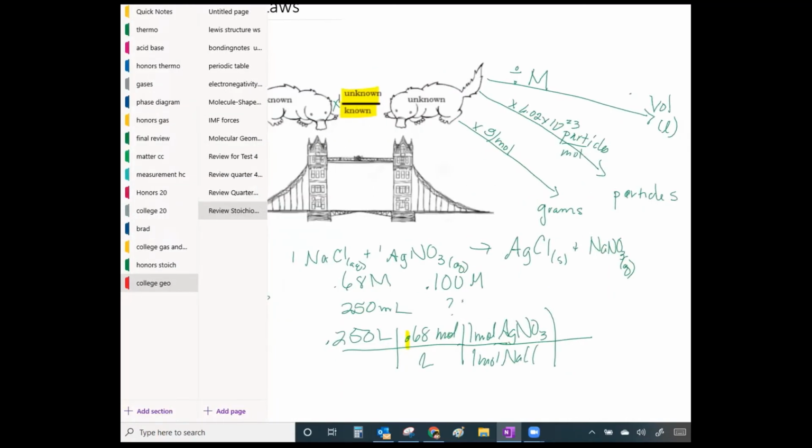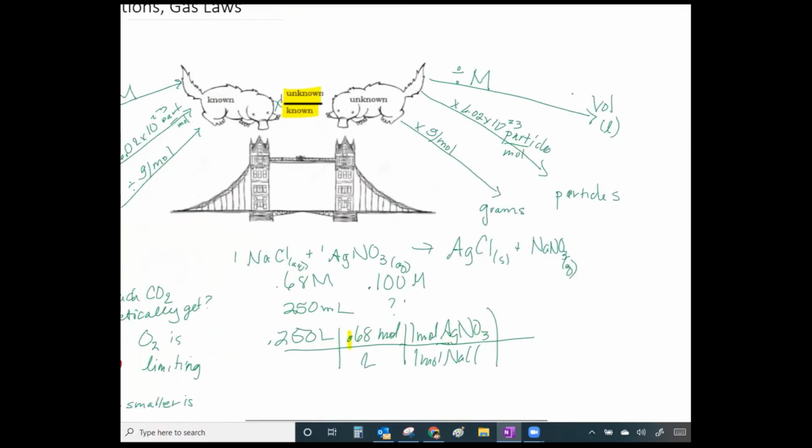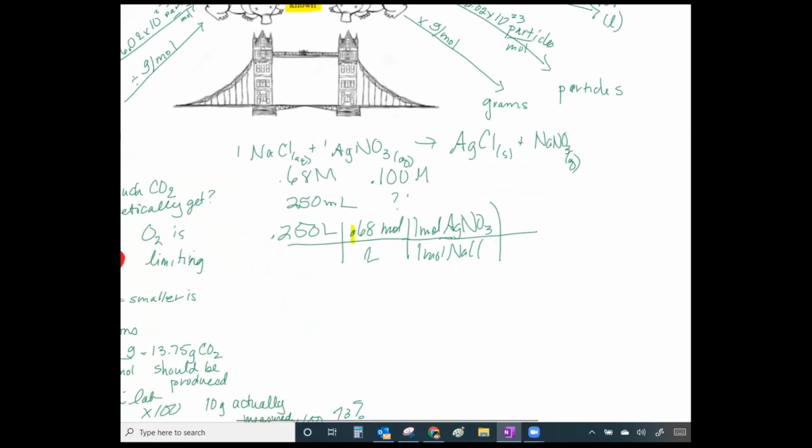What if I had said, instead, that I had a 0.100 molarity, let's say that I reacted it with 250 milliliters of silver nitrate, but I don't know what my molarity was, then I would divide by volume to go to molarity.